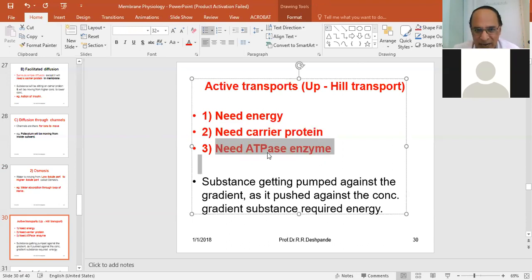Always remember, ASE means enzyme, which will break the ATP molecules. And because of the breaking, energy will be liberated. Substances are pumped against the concentration gradient, so the substance requires energy. So it is like a force. What is a pump? It's a force. Try to understand: force is needed in active transport.